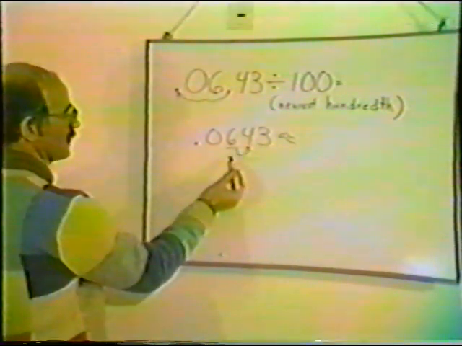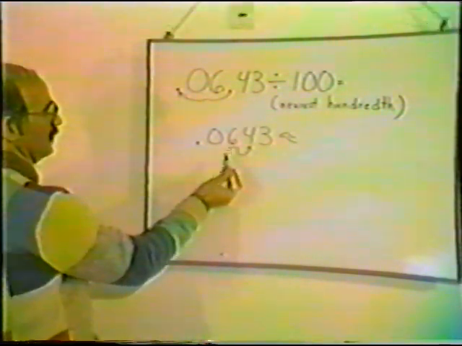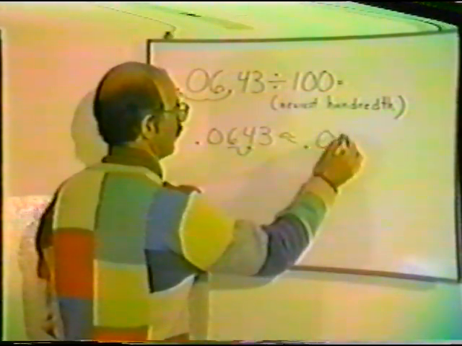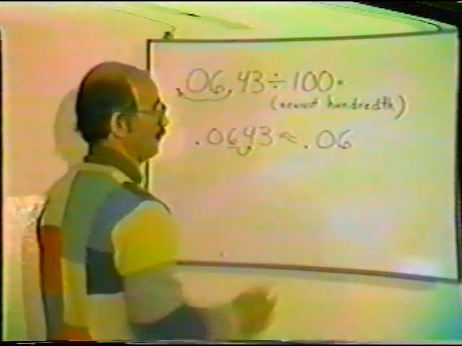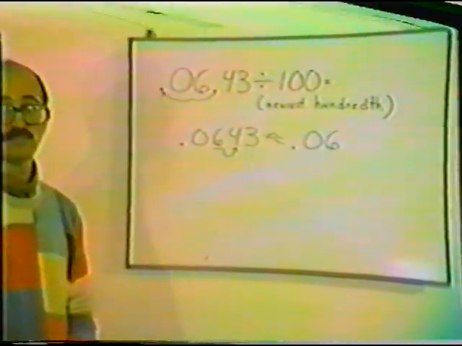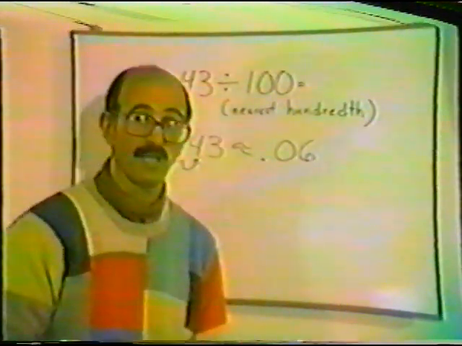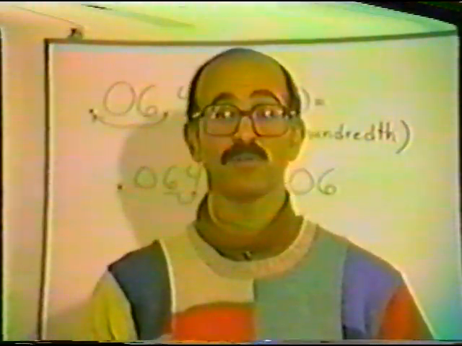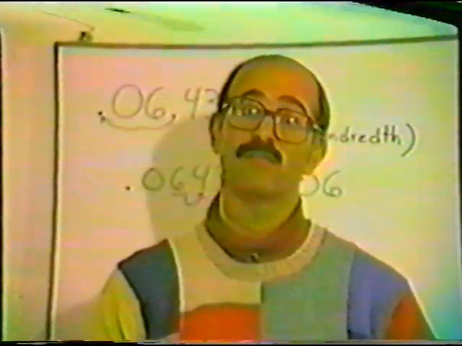The 4 tells us that the 6 stays the same, so I shall write 0.06. Please read the answer. 6 hundredths. That's right. And that's the last of our decimals problems for this video.